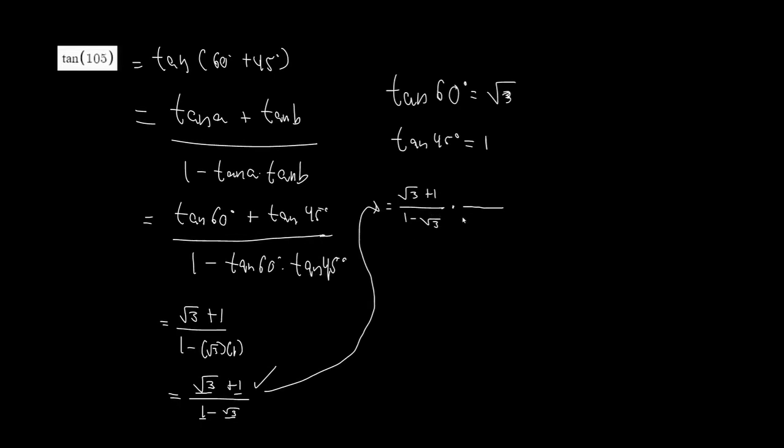Let's do it slowly. We multiply both by the denominator itself, but instead of the operation being minus, we're going to use positive.